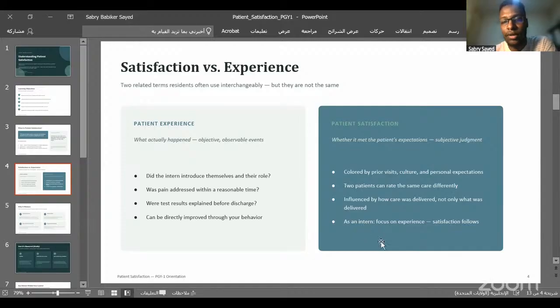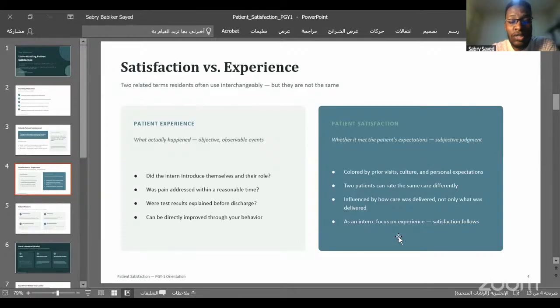As an intern, or as a junior doctor in general, I would say that we should focus on the patient experience, right? We should focus on patient communication, on explaining the procedure, the laboratory findings, and the differential diagnoses. In case of, for example, breaking bad news and the definitive diagnosis, this for sure should be for a more senior level, either the senior resident or the attending consultant.